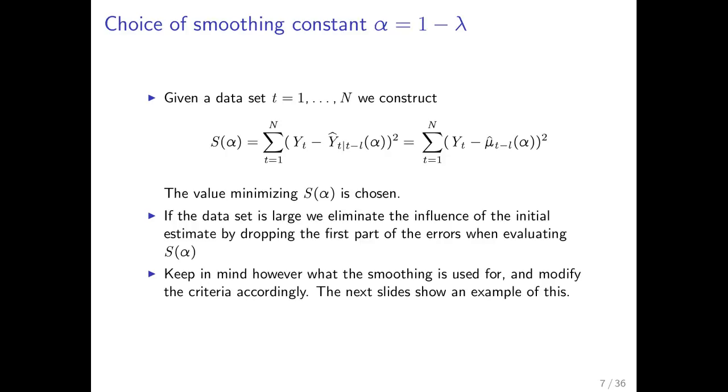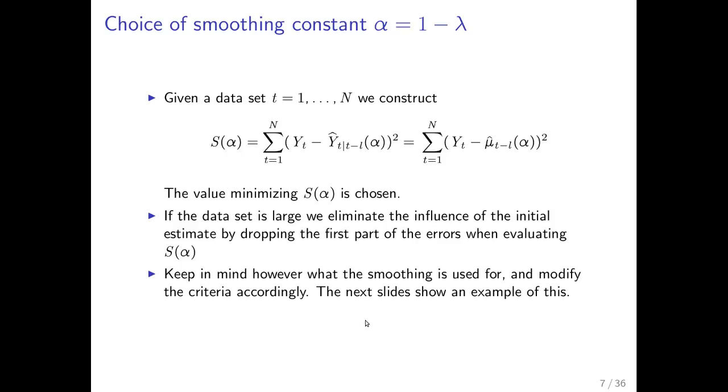So often you want to cut off a burn-in period. How long a burn-in period you want depends on how much data you have. I won't say exactly, but disregard, say, 10% of your data, and you're still having the bulk of information there. But again, it depends on the situation what is better to do. Check it, see if it's sensible to do that, and write down what you did.